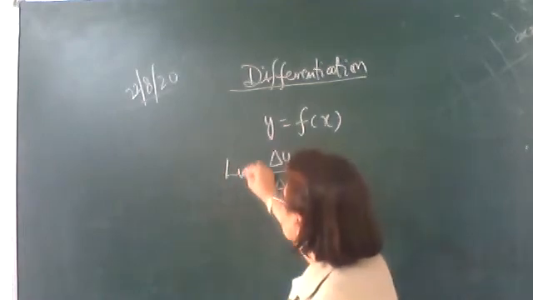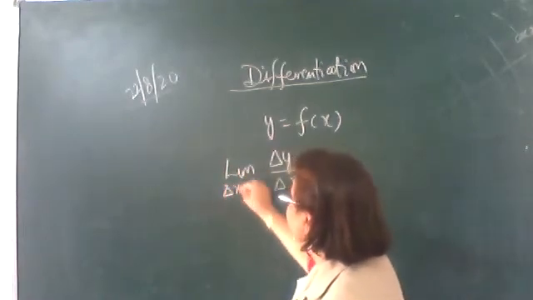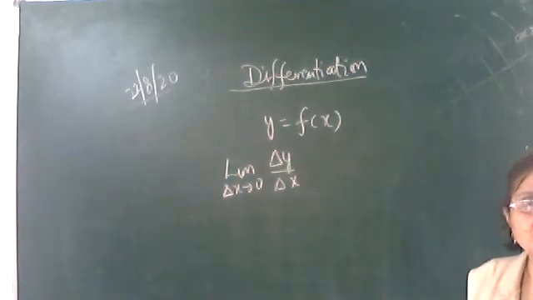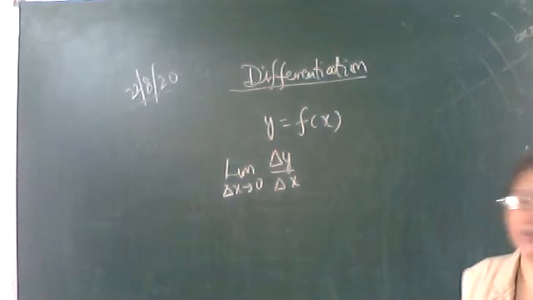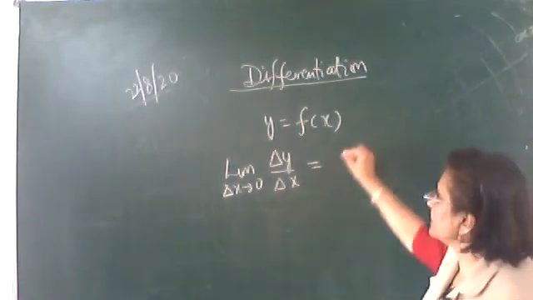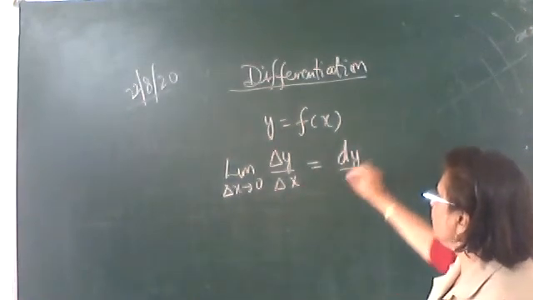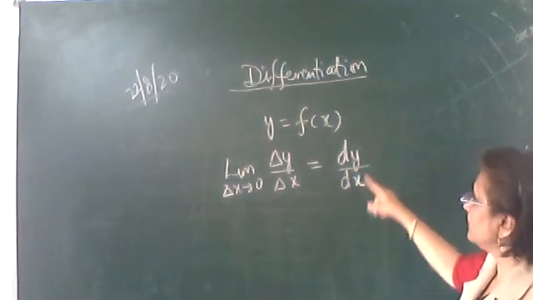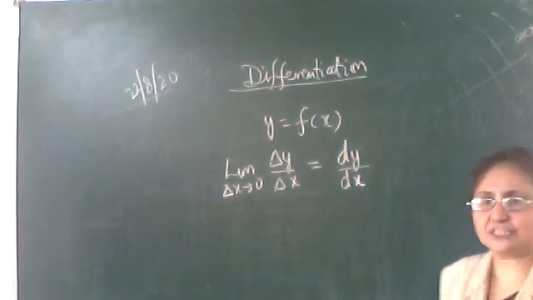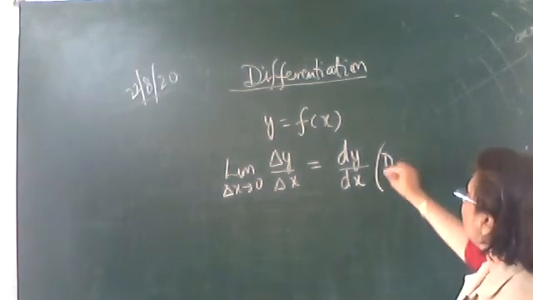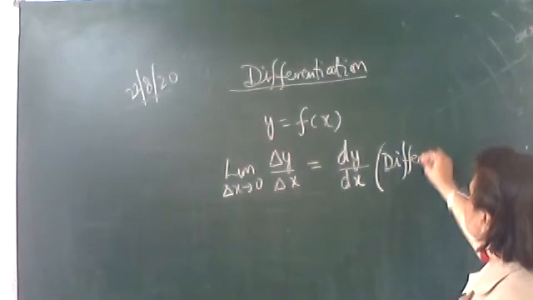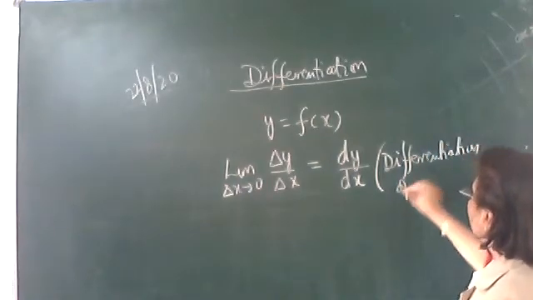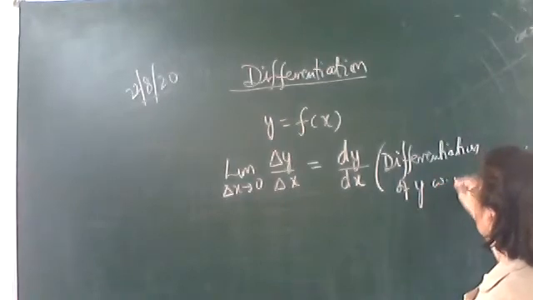In the limit, delta x is tending to 0, that is, delta x is almost equal to 0, very small. Then this can be written as dy upon dx, which is called the differentiation of y with respect to x.